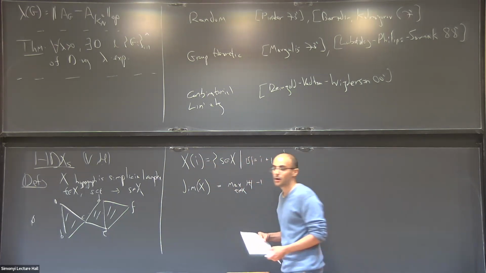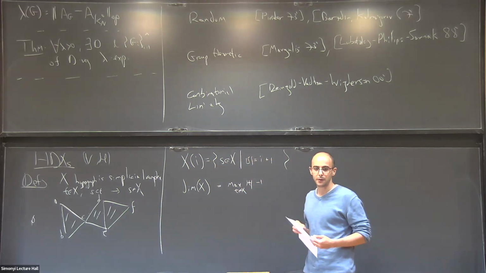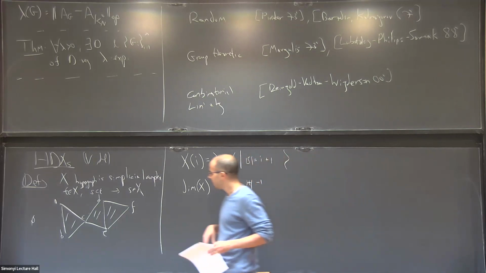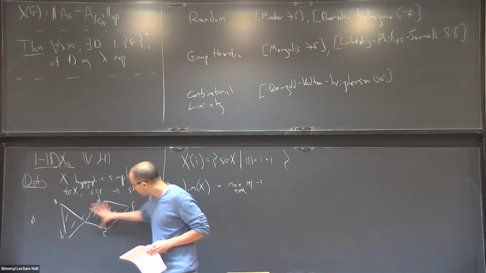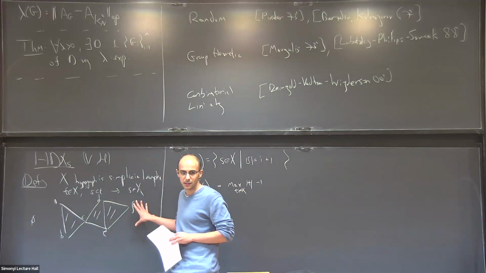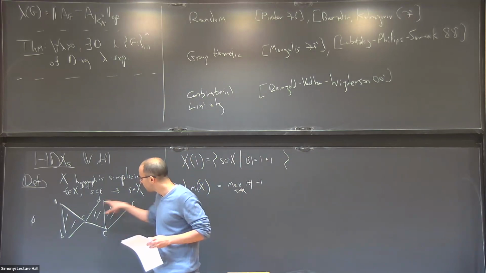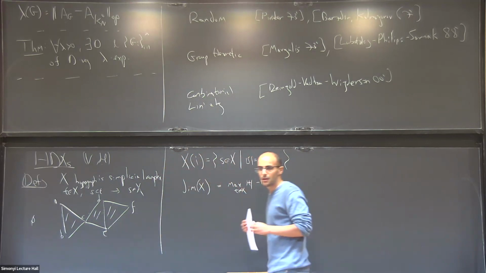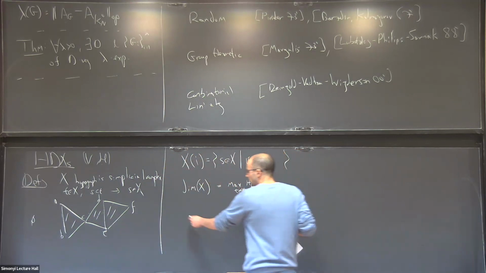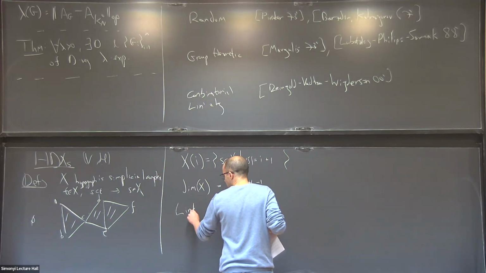Good. So what's going to be a high-dimensional expander? Basically, if you only want to talk about graphs, it would just be a graph where every neighborhood is some small expander. But using this language of simplicial complexes, we can talk about these neighborhoods in slightly more generality.